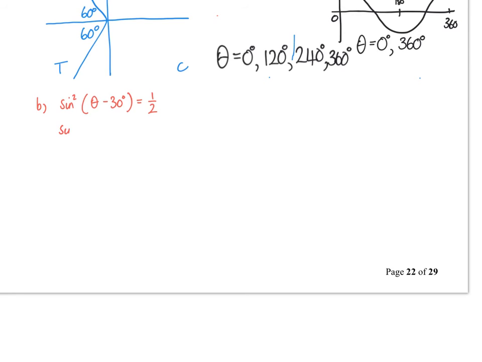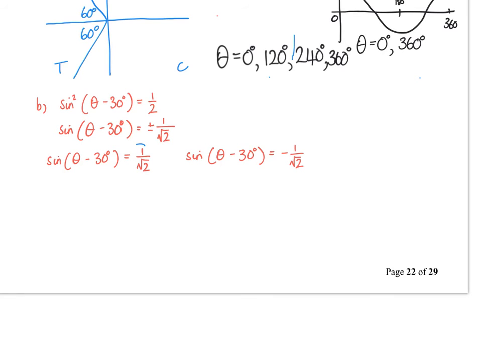If we want just sine of theta minus 30 degrees, we have to take the square root. So that's going to be plus or minus 1 over root 2. So we've got two equations that we have to solve. We've got sine of theta minus 30 degrees equals plus 1 upon root 2, or sine of theta minus 30 degrees is equal to minus 1 upon root 2. So that tells us it's in all the quadrants.